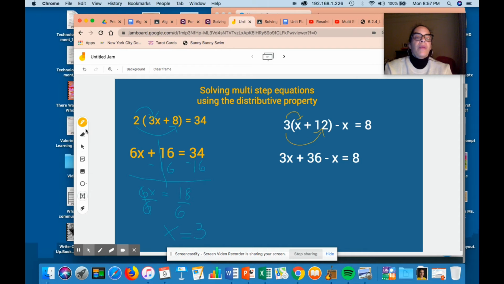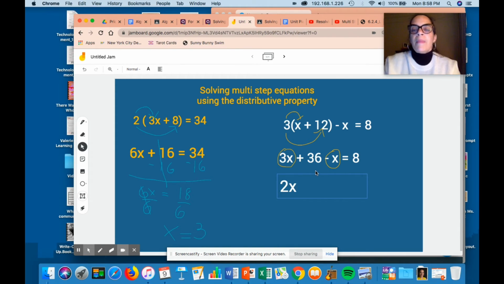The two like terms that we can combine are this 3x and this negative x. If we have 3x minus x, it's going to give us a 2x, because when a variable is by itself, we know that there is an invisible 1 next to it. So 3 minus 1 is 2.